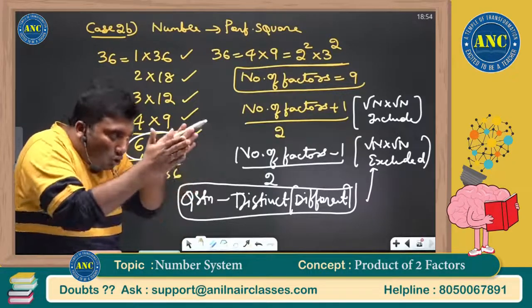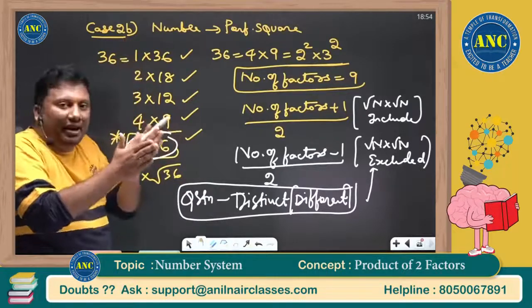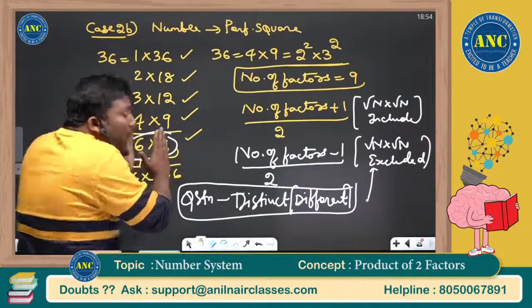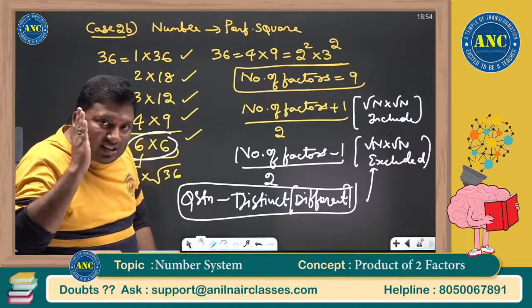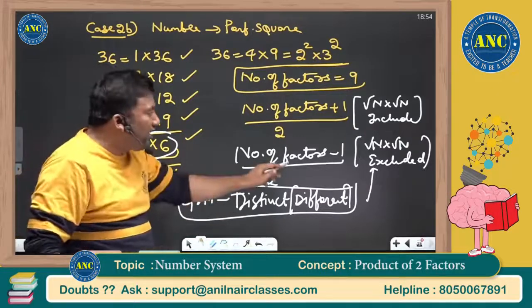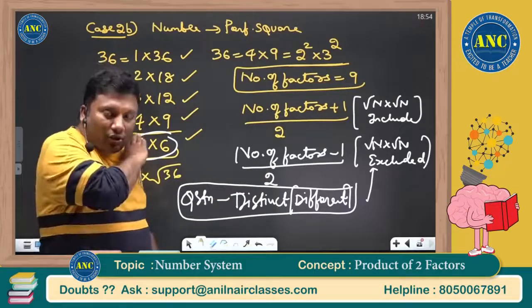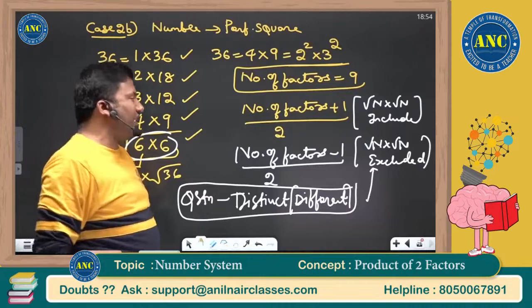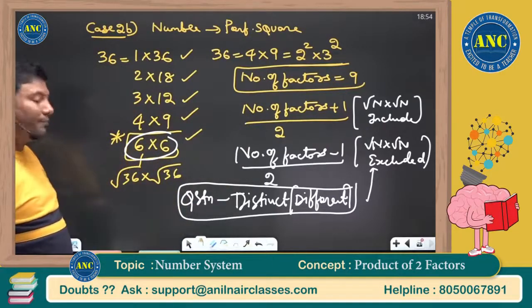Distinct means the product of two different numbers should be equal to the given number. Here the product of the same number is equal to the number. If the question contains distinct, use number of factors minus 1 by 2. If the question does not contain distinct, use the concept number of factors plus 1 by 2.